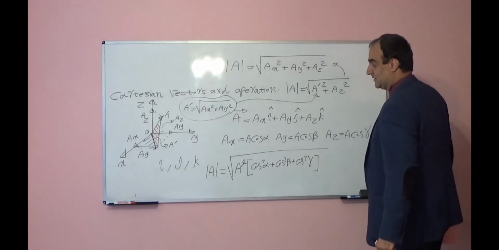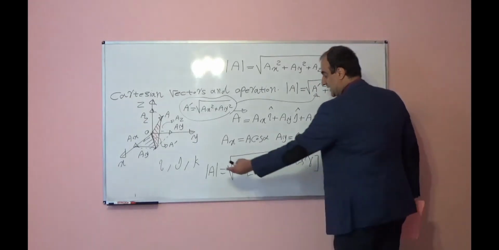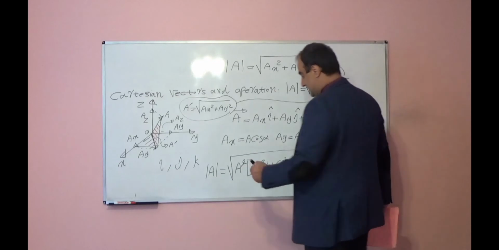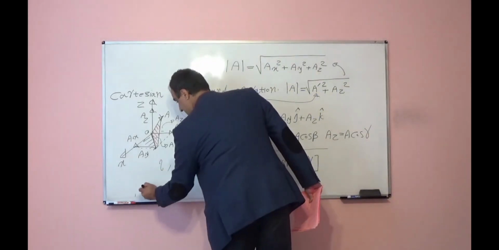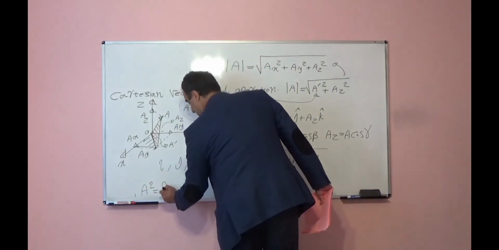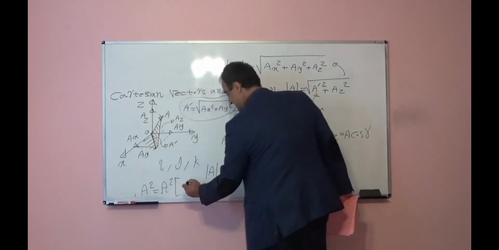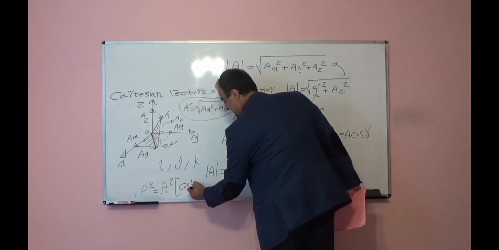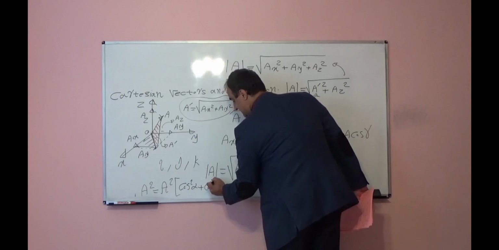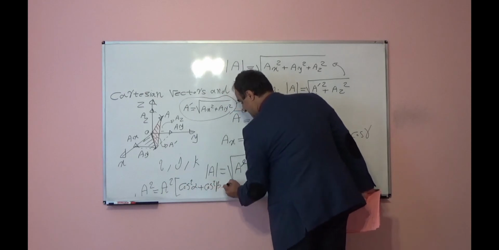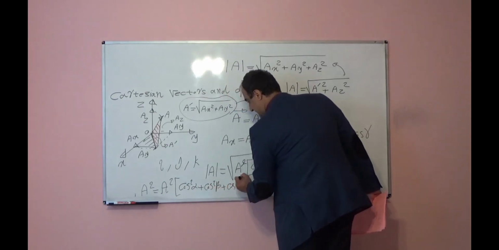Now, if I square both sides, this will be A squared is equal to A squared times cosine squared alpha plus cosine squared beta plus cosine squared gamma.